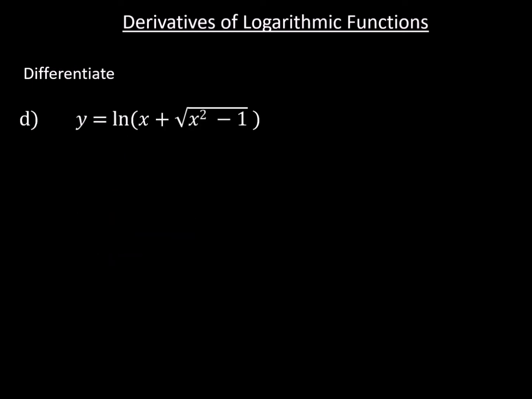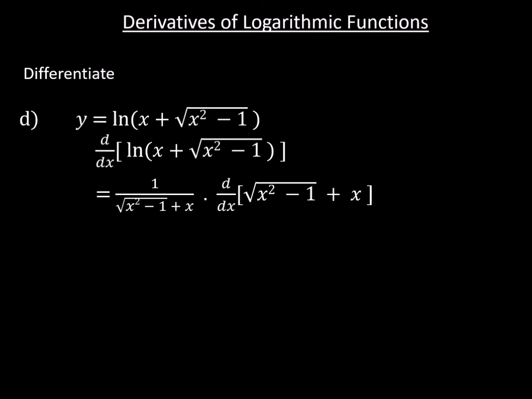Now let's try this one. We can call it d, ln of x plus the square root of x squared minus 1. We first add derivative notations. We then apply the chain rule. This then gives us 1 over square root of x squared minus 1 plus x times the derivative of the square root of x squared minus 1 plus x.